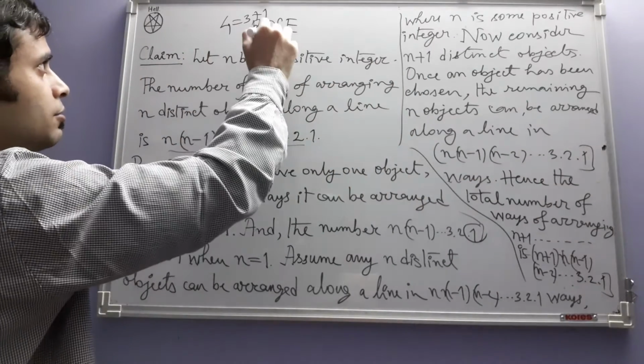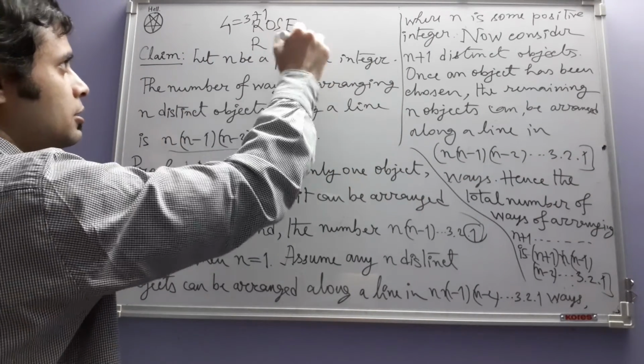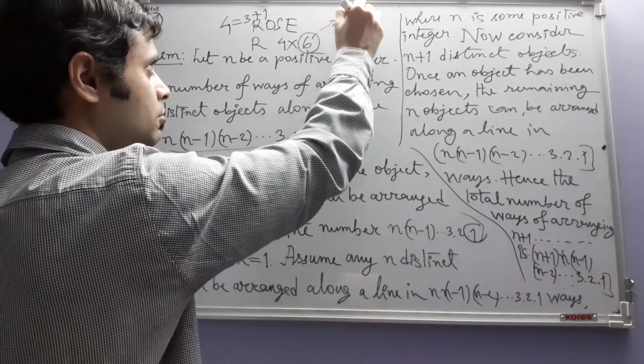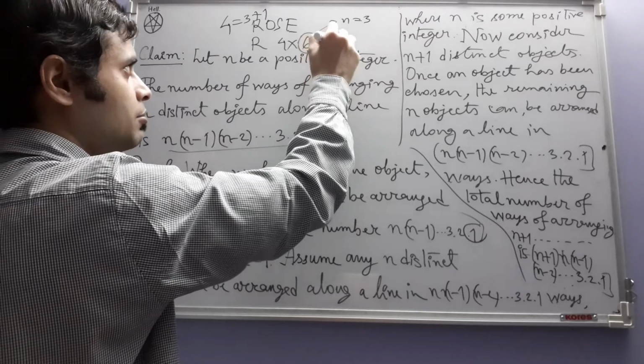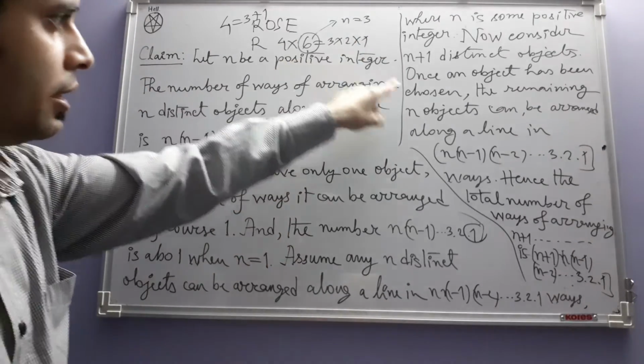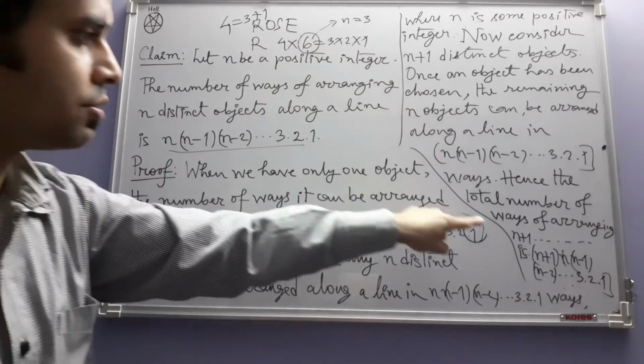Just like we had 4 times 6. 6 is this number when n is equal to 3, that is 3 times 2 times 1. So here n is 3 and n plus 1 is 4.